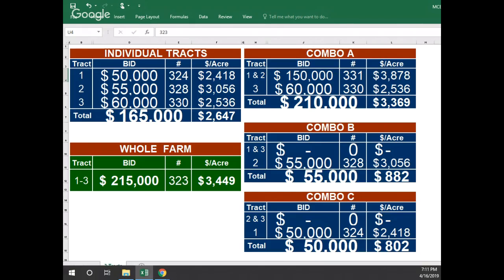Yes, Larry. Tracks 1 and 2, 155,000. Track 3, 65. So 155 on tracks 1 and 2, that's bidder 331. And 65,000 on track 3, and that's bidder 330. AJ, it's your turn. 225 on the whole. 225,000 on the whole, bidder 323.